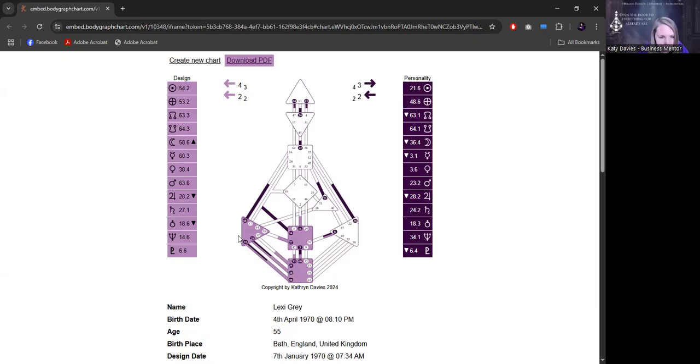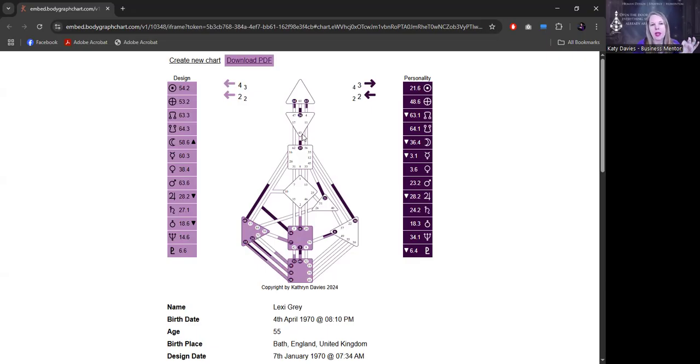This center is defined because of those two channels, right? So what those channels do is, within this system, the energy can flow between these three defined centers. Okay, the energy can flow down the channels between these centers.